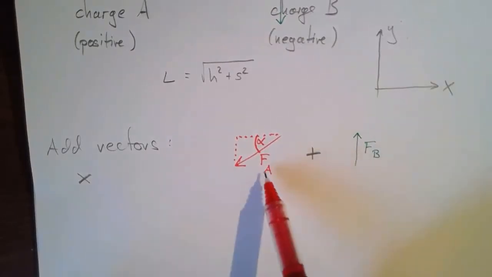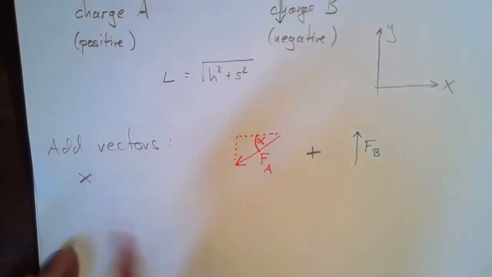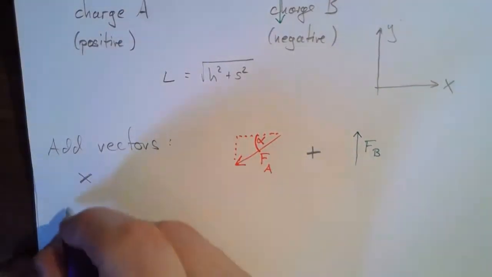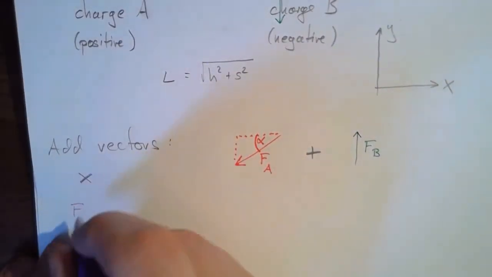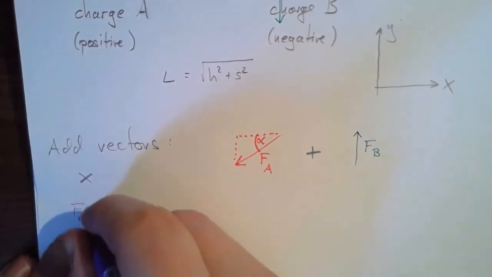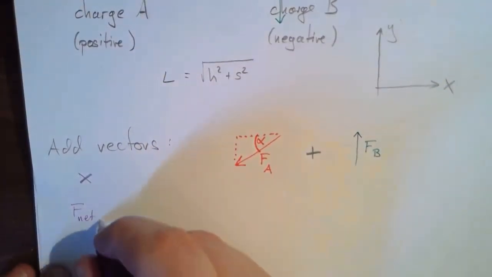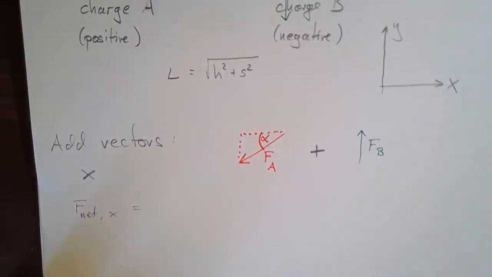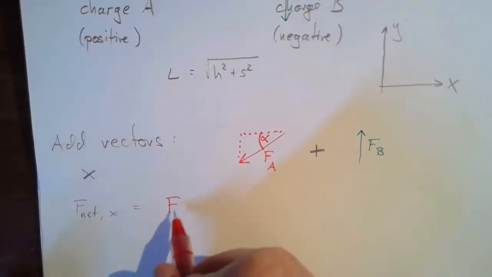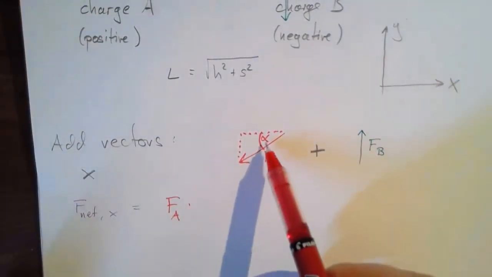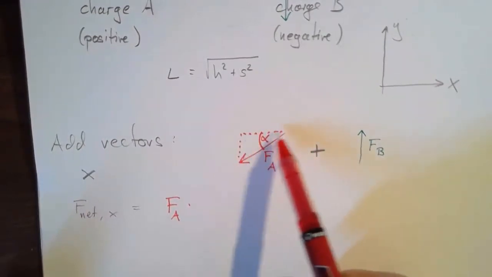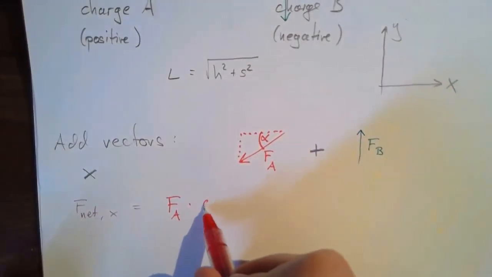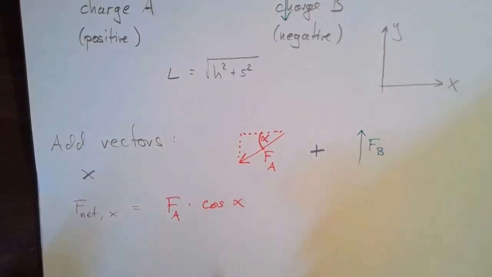So the x component of this one, let me write it like this, F net in the x direction is going to be equal to FA. Now this is the x direction here, this is the adjacent, times cosine of alpha.